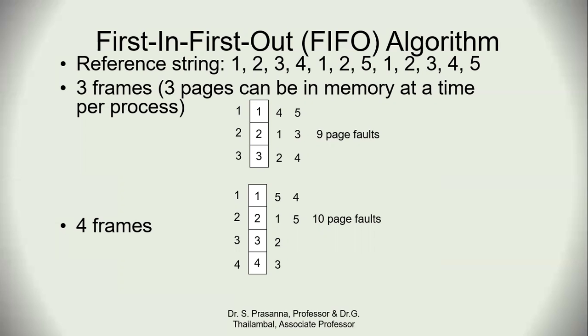According to this algorithm, whichever frame is allocated first will be the victim for the next allocation. Here 1 is the first frame allocated, after that 2 is allocated, and after that 3. So 1 is the first frame allocated. Therefore, for storing the next value 4, 1 is the victim which needs to be replaced, and 4 will be stored in that place.